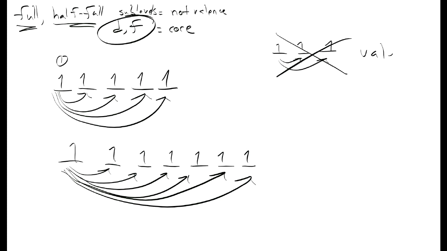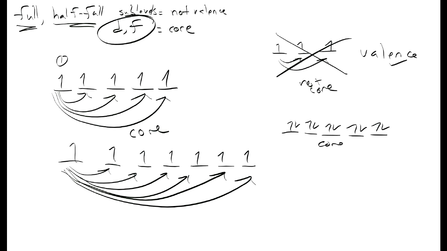This is still valence. But these half-filled D and F sublevels count as core, sort of. And a full D or F sublevel also counts as core. So something that looks like this: 6, 7, 8, 9, 10 is core.